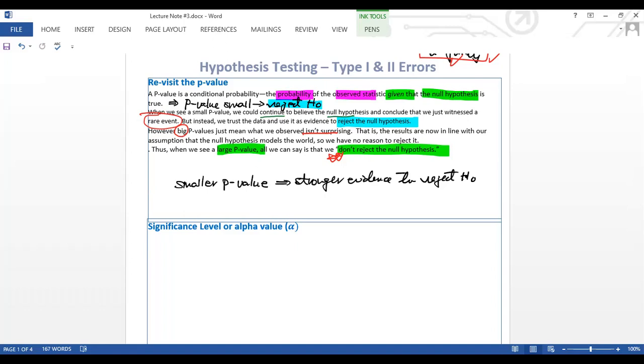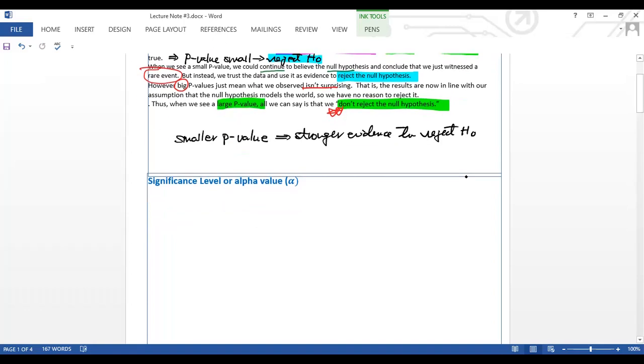So I hope that as we make decisions, we have the same standard to compare. If we can agree that if the p-value is less than a certain number, then we all agree we have strong evidence to reject H0, right? So how small is small here?